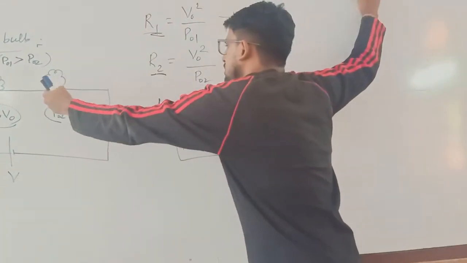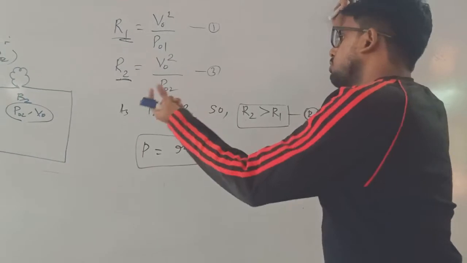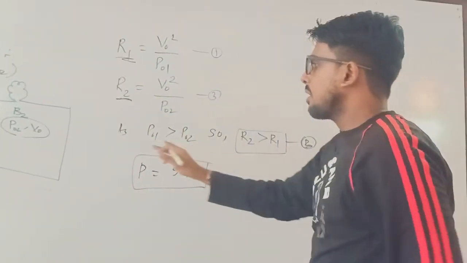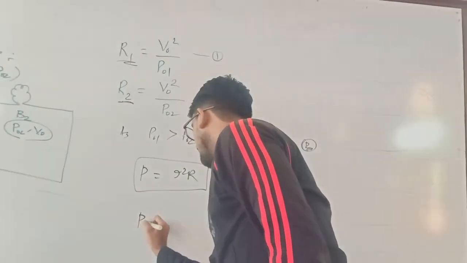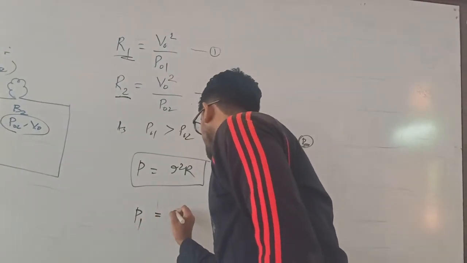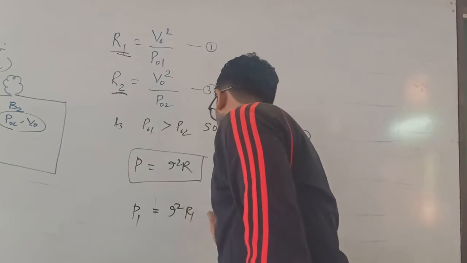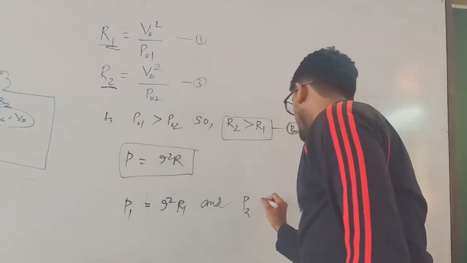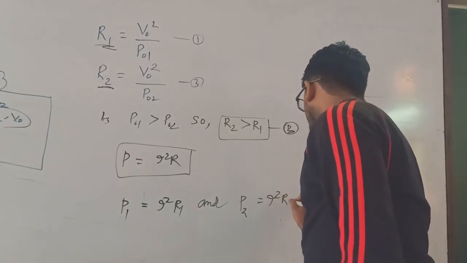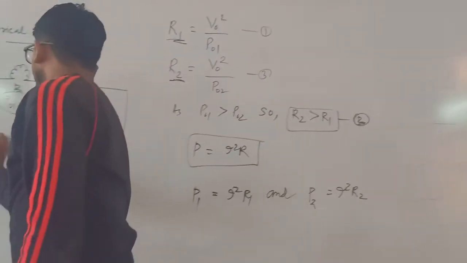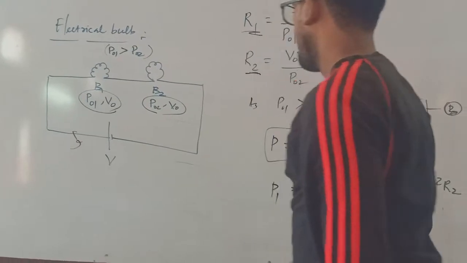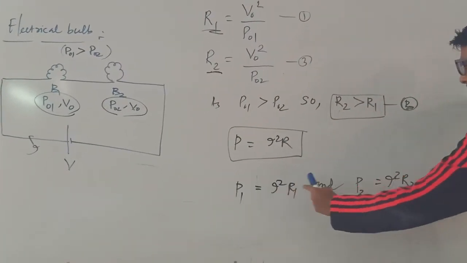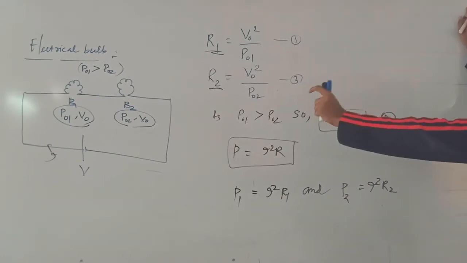So for power calculation for each bulb, we have to use this formula. Power consumed by bulb 1, P1, can be written as I square R1, and the power consumed by bulb 2, P2, can be written as I square R2. Let I be the current flowing through this circuit from the cell or source. So I remains the same for both bulbs as they are connected in series.